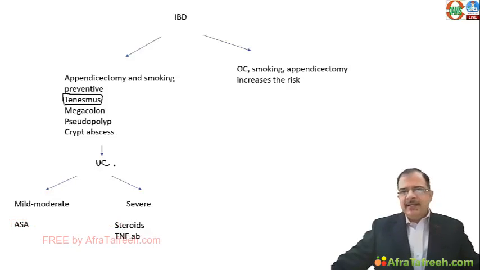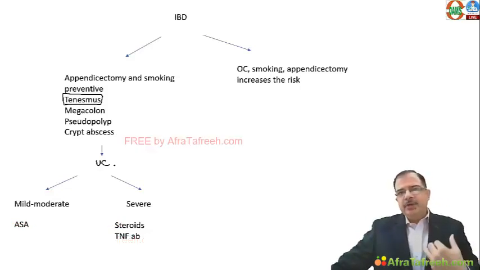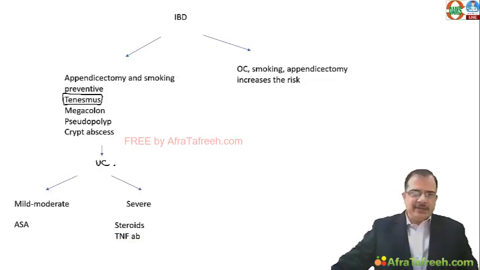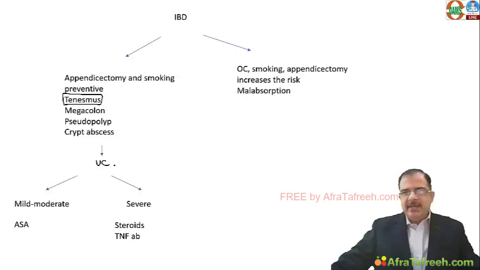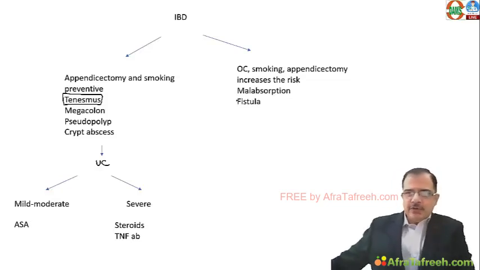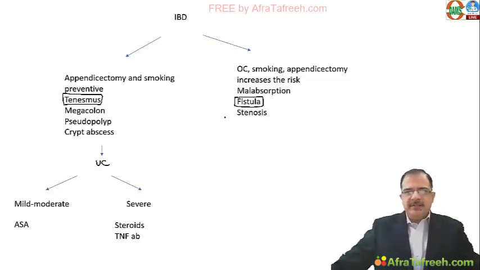While the second common inflammatory bowel disease is Crohn's disease, in which oral contraceptives, smoking, and appendicectomy all increase the risk. The keyword in the clinical question is fistula formation. So this is the keyword for Crohn's disease.